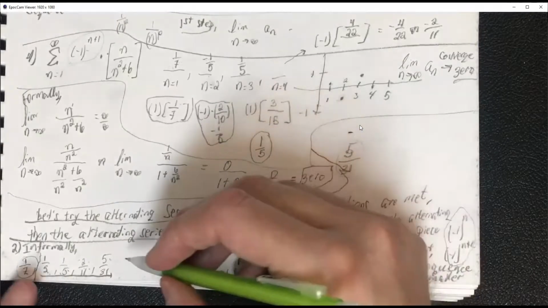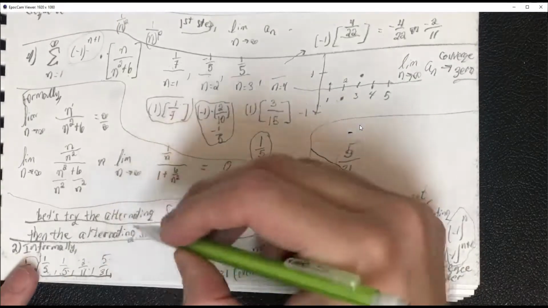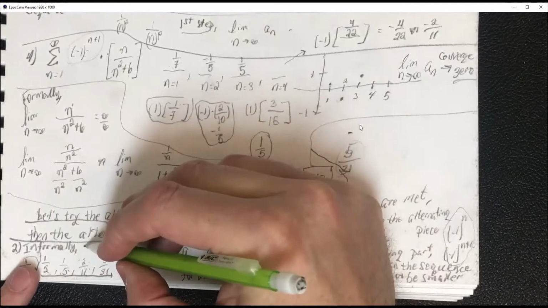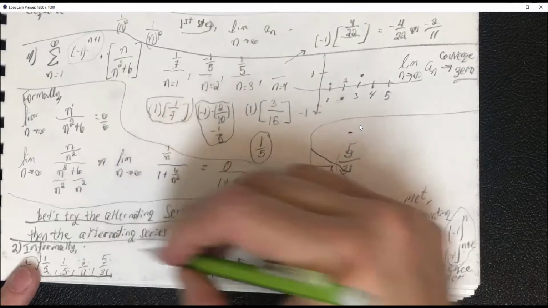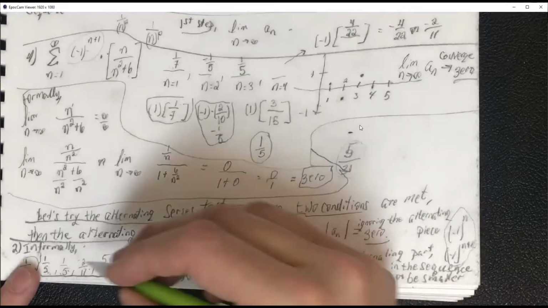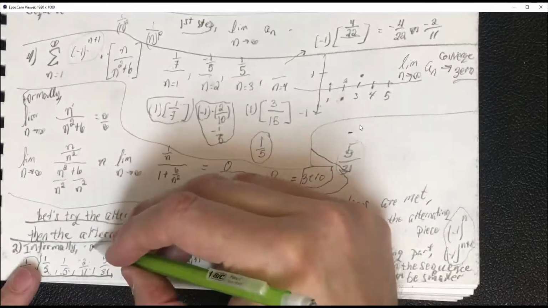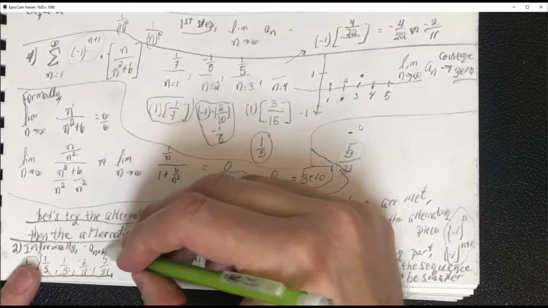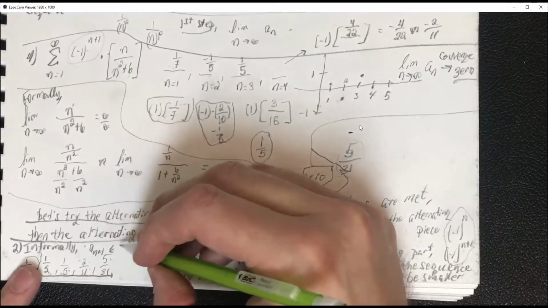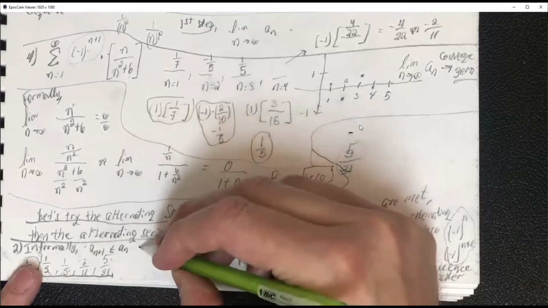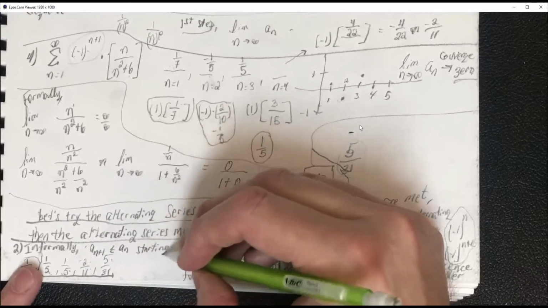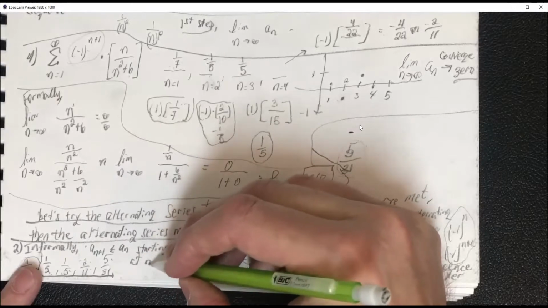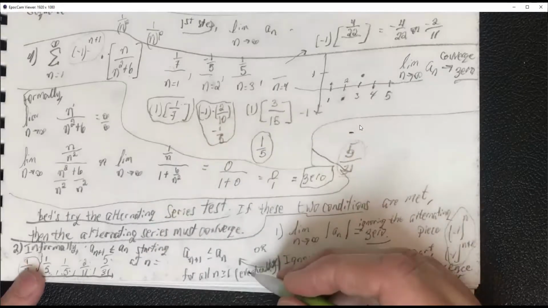So informally, it is true, the subsequent term is less or equal. Informally, a sub n plus 1 is less or equal to a sub n starting at not n equals 1.